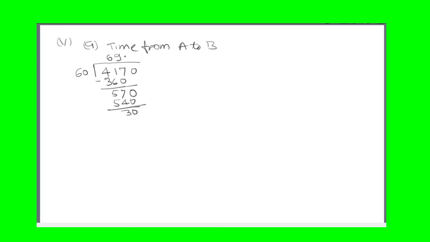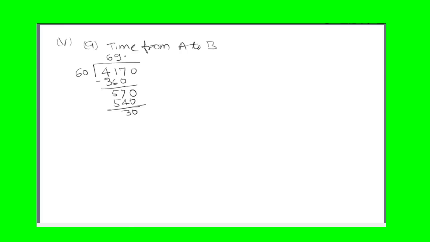417. It goes for 6, so this is 360, and the remainder here is 57. We carry 0 from above, then it is going for 9 times, so 540, and subtracting we get 30.